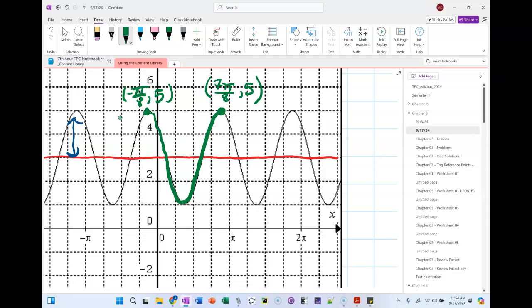How far did I go from negative 1/8 to positive 7/8? How much distance did I travel? 8/8 or 1 unit. Everybody agree with that? So that means our period is pi, right? Because we went from negative pi over 8 to positive 7 pi over 8.